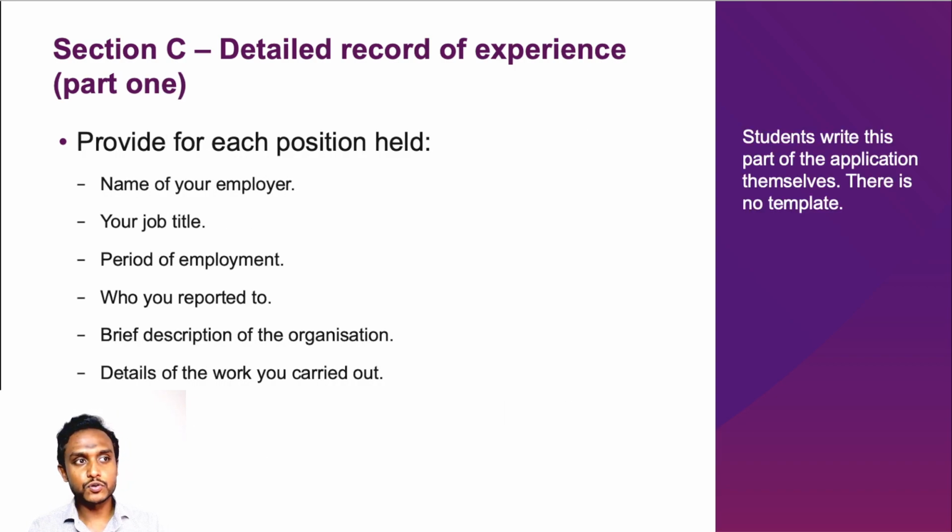Now here, you can note on the right of the screen, students write this part of the application themselves. There is no template. That is where you have freedom. That is why I said it's an essay format process where you write freely and prove to CIMA that you've accumulated the relevant experience in terms of the number of months that you display in section B, the employment summary part of the application.